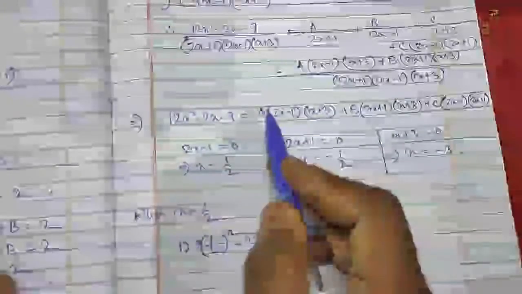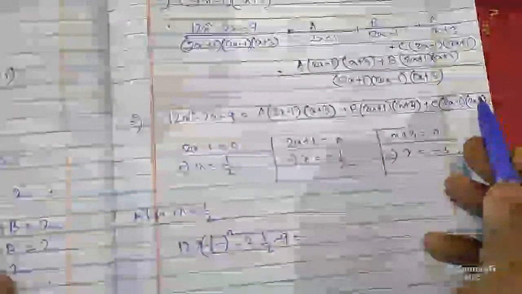So when x equals half, here what we are getting: 12 into (1 by 2) square minus 9 equals, here if 2x minus 1 equals 0, this whole thing becomes 0, and that whole thing also becomes 0.